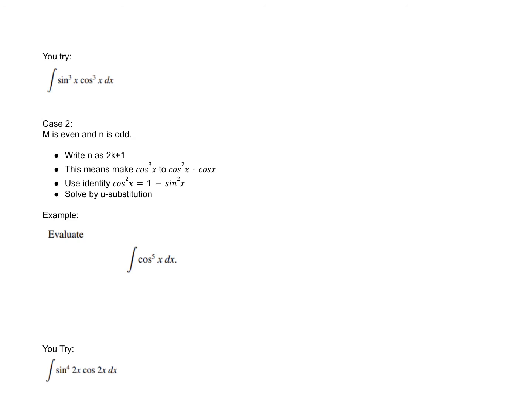So we're going to go ahead and change sine cubed into sine times sine squared. That allows us to take sine squared out and put in 1 minus cosine squared.